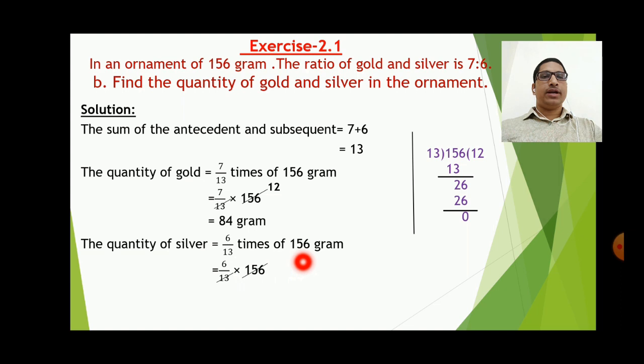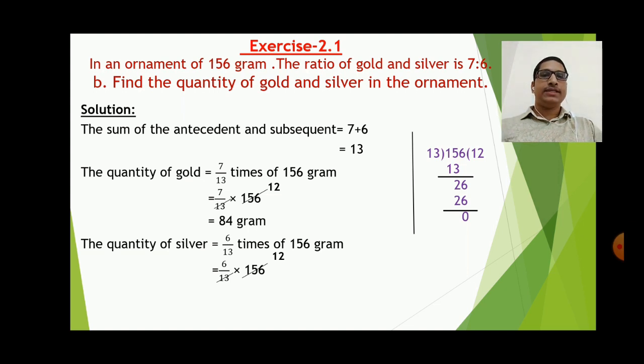Now at this stage what will we do? We have to divide 156 by 13. So if we divide 156 by 13, its answer will be 12. Now here we have to multiply 6 and 12.